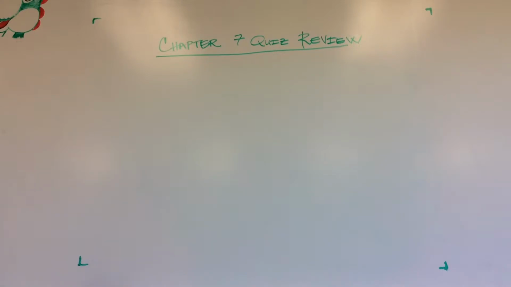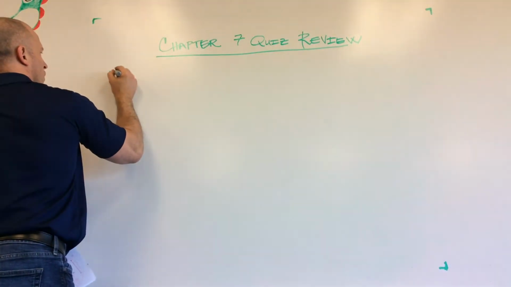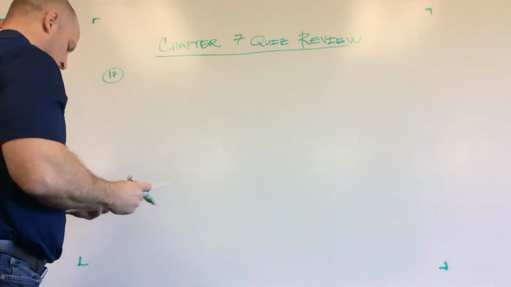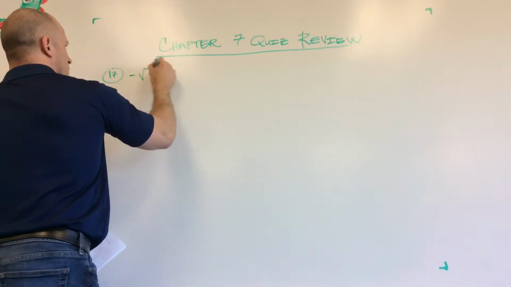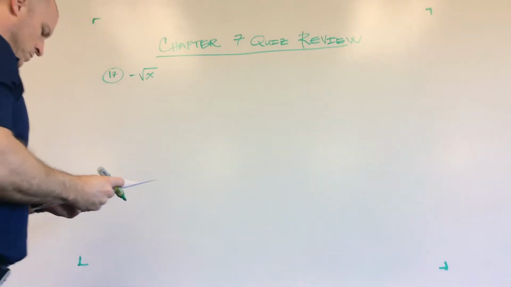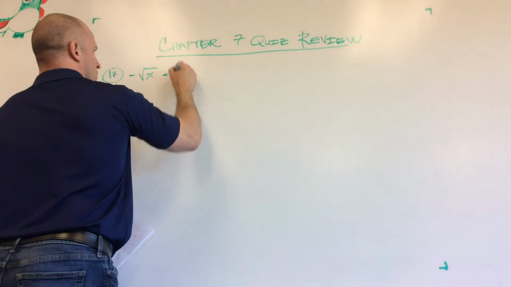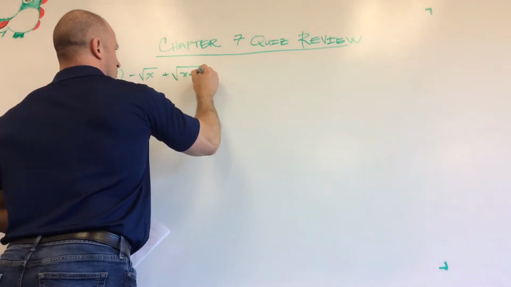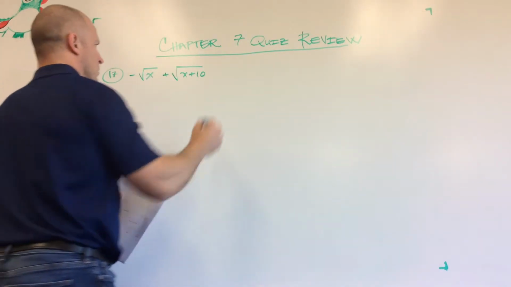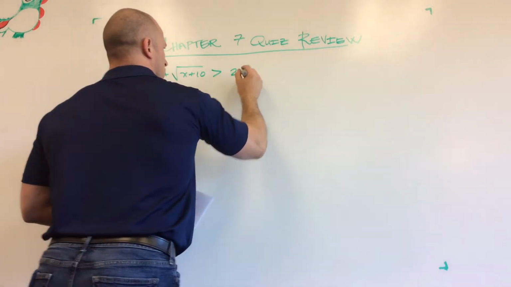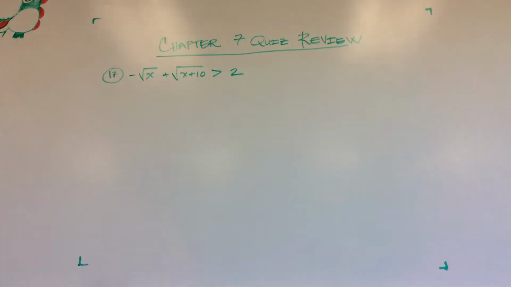All right, 17 introduces a little bit of a complication because now we have 2 radicals. And again, generally speaking, what we want to do is try to isolate the more complicated radical first, and then go from there.